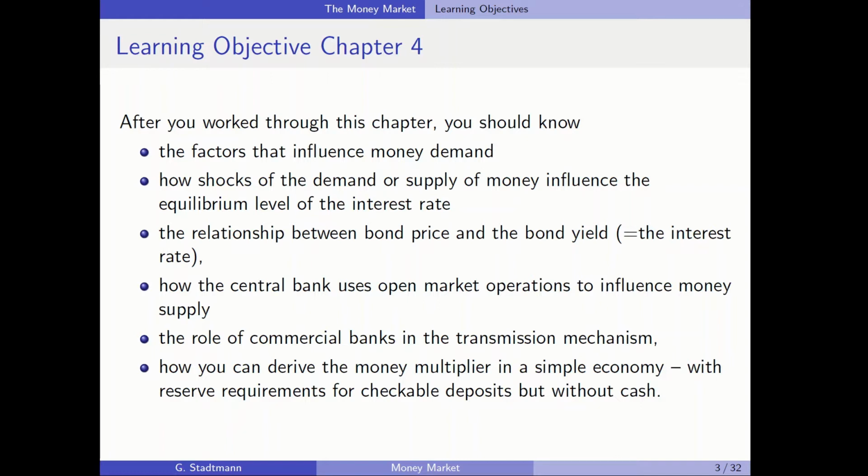You should be able to explain how central banks use open market operations in order to influence money supply. You should know the role of commercial banks in the transmission mechanism, and you should also be able to derive the money multiplier in a simple economic setting.